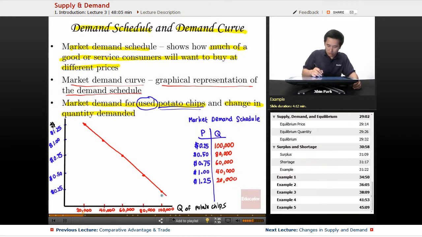So clearly you see a downward sloping demand curve, and you label this as D1 here. This is the demand curve, and each point represents quantity demanded. So you have the market demand schedule as shown here, and this is the market demand curve.